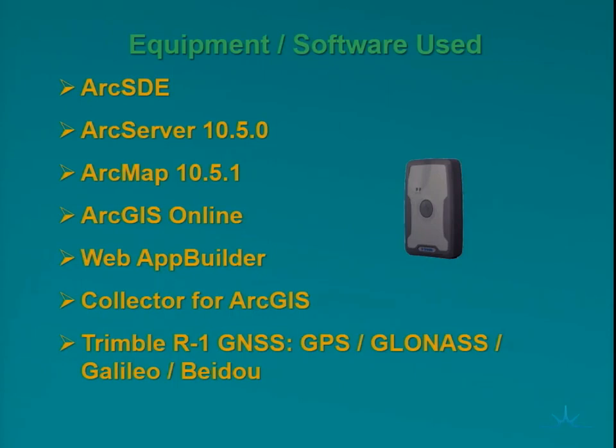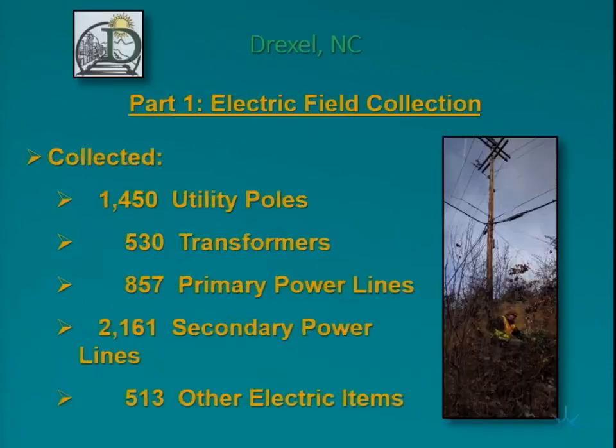The equipment we use: ArcSDE, ArcServer, ArcMap 10.5.1, ArcGIS Online. We use Web App Builder to create the web apps and Collector, and we use Trimble to collect in the field. So for our electric, we collected their entire electric infrastructure.